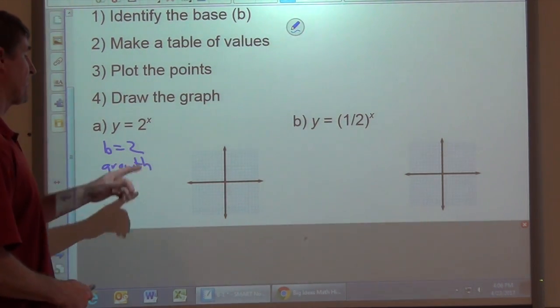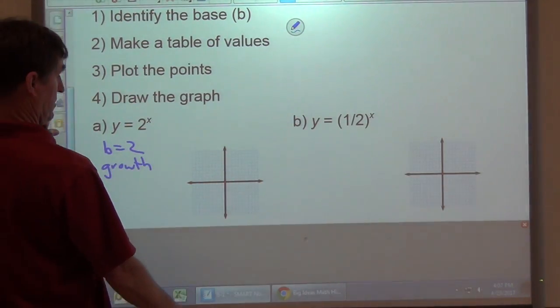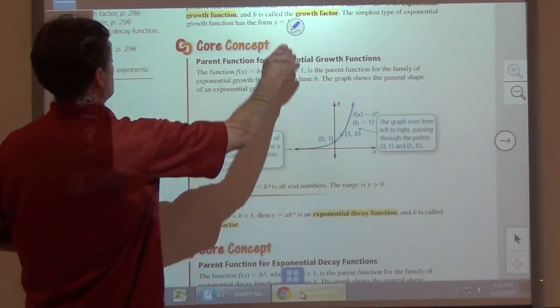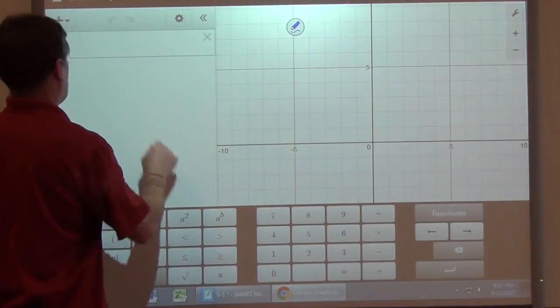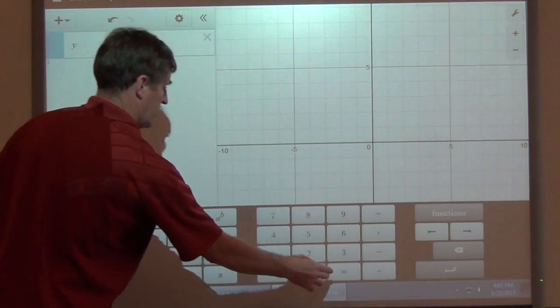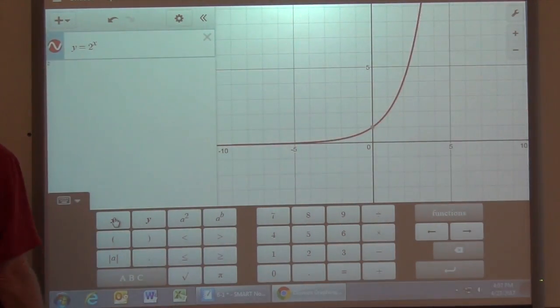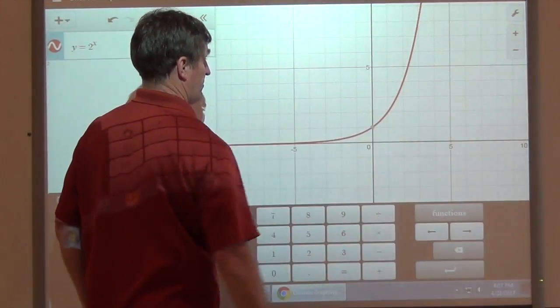And then we can just go to the Desmos calculator. We go to Desmos, and we type in y equals 2 to the x power. We get this graph.